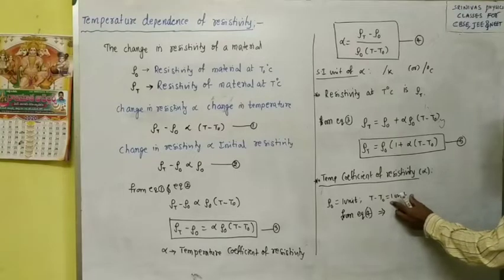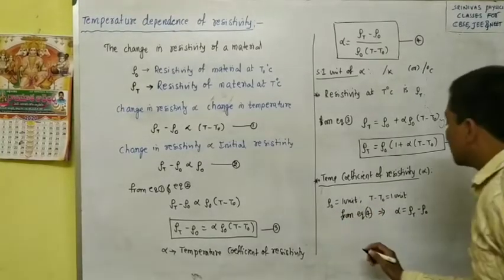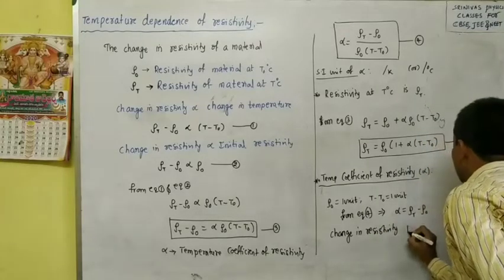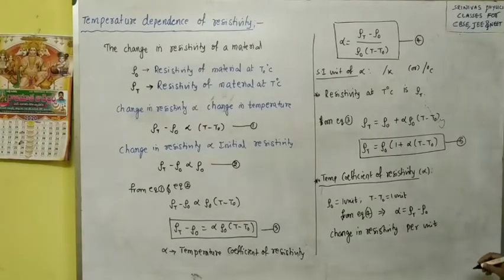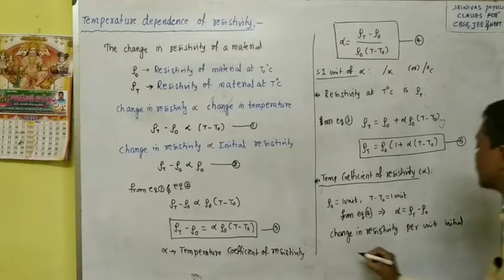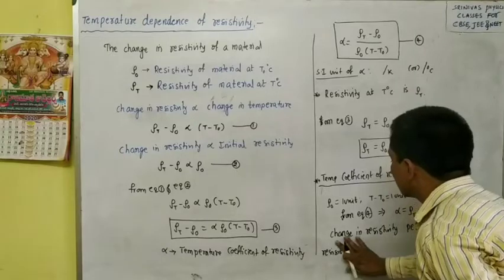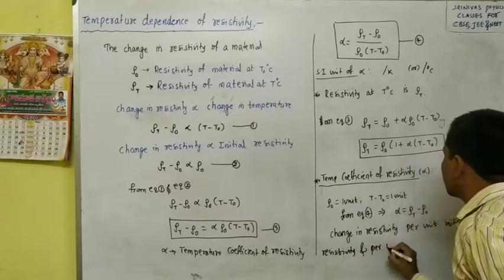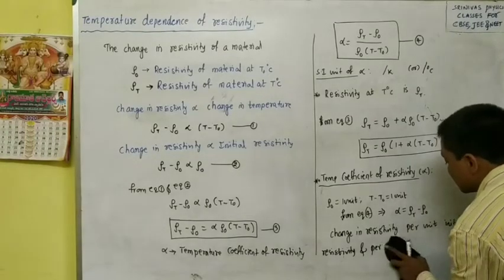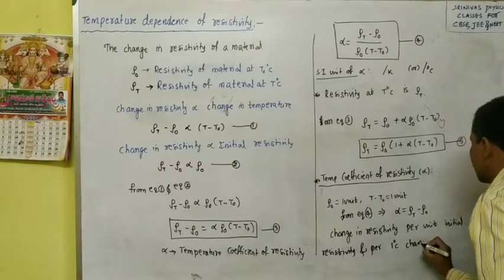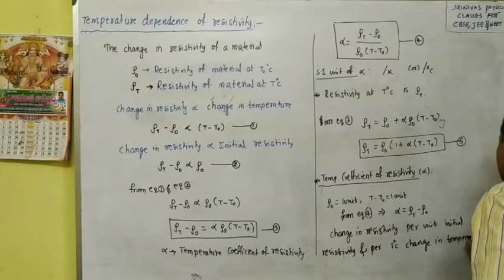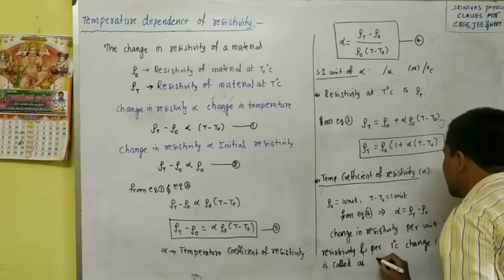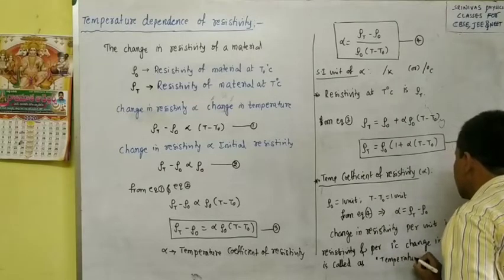That is, the change in resistivity per unit initial resistivity and per 1 degree Celsius change in temperature is called the temperature coefficient of resistivity.